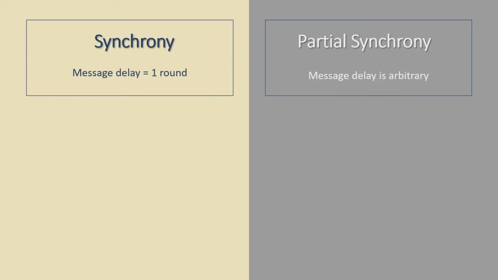Partial synchrony has a very loose assumption, saying that the message delay can be as long as you want, and in this case, a temporary outage can be regarded as a long message delay. So no matter how long you wait, whenever you finally receive the message, you will get consistency with the other nodes. So why don't we just use a partial synchrony network rather than synchrony?